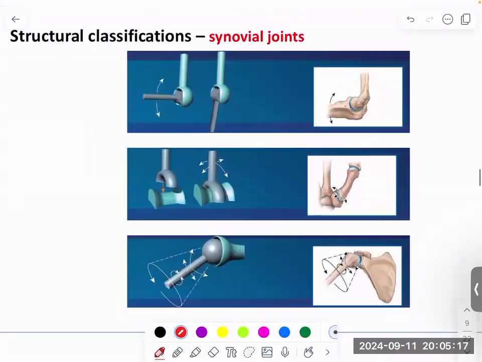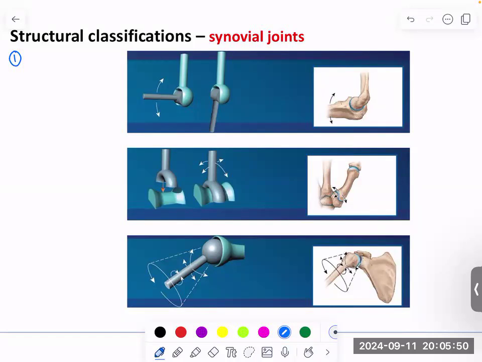Synovial joints are further broken down to how they move. We're going to keep it simple. We're going to keep it on the type of axes that they move in. So we're going to look at 3 different axes. Check this out. Number 1, your elbow joint. Your elbow joint is only designed to move along one axis.